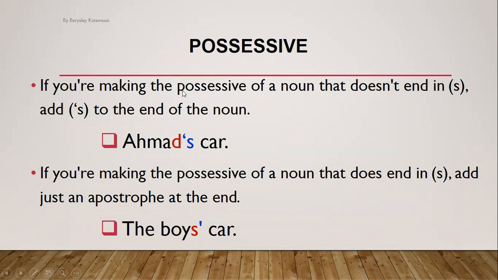If you are making the possessive of a noun that doesn't need an S, add apostrophe S to the end of the noun. Like you say Ahmad's car. You see at the end of the noun Ahmad, this is not ended with the letter S. So that's why for possessive case you use apostrophe S. Ahmad's car.